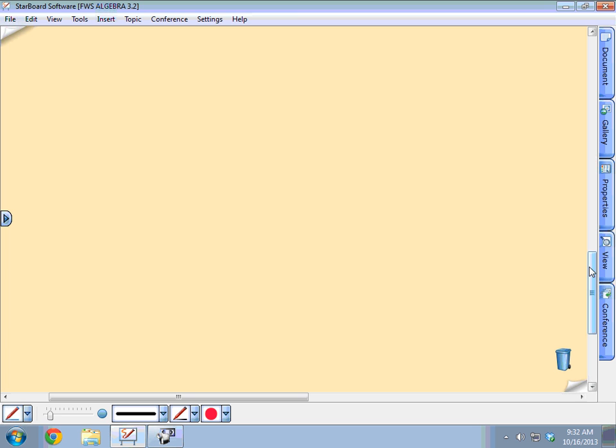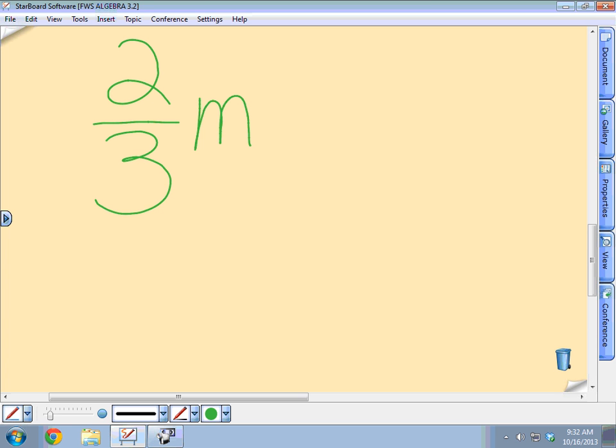All right, let's go to the back page. We'll go to page 40 on the back side, and we'll go to number 10. 2/3 m equals 6. Okay, Alex, what's the operation closest to my variable? There are 4 operations: addition, subtraction, multiplication, and division.